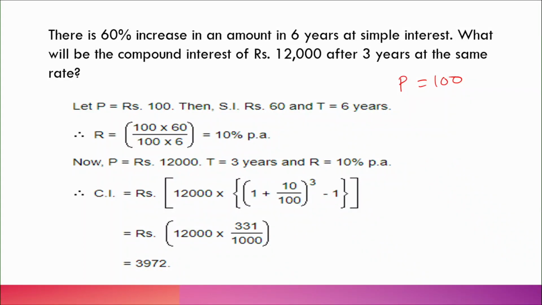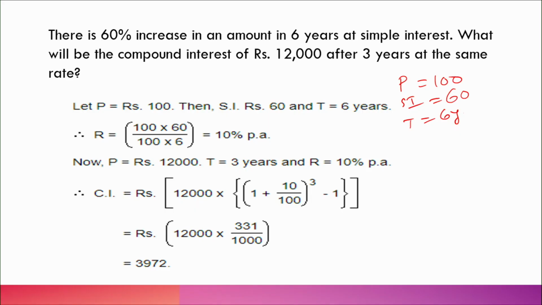Okay. And what is the other information? The simple interest is given as a 60% increase, correct. 60% increase means, since you are taking 100 rupees, you will say simple interest is 60. For how many years is it given? T is equal to 6 years. So we can say it simply as PTR by 100.